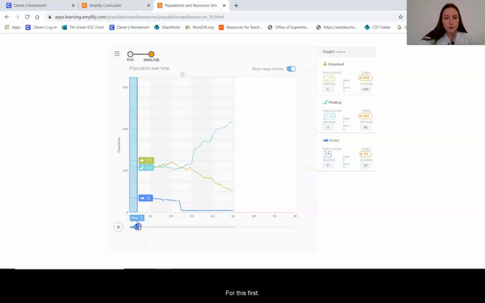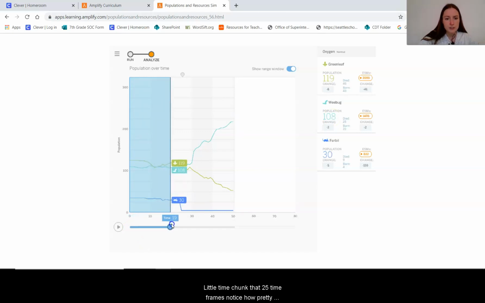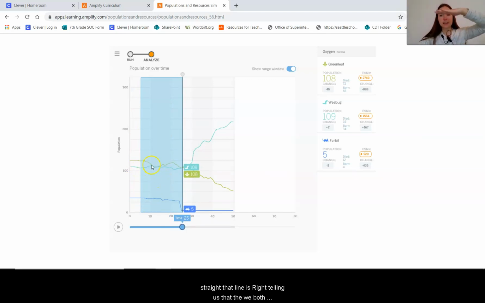And over this first little time chunk, that 25 time frames, notice how pretty straight that line is, right? Telling us that the weebug population is pretty stable during this time. It looks like 32 weebugs did die in this time frame, but also 34 were born. So that population ratio of births to death is pretty balanced.